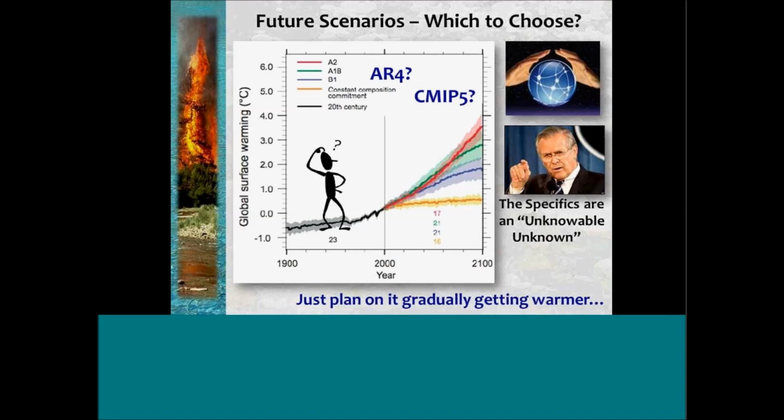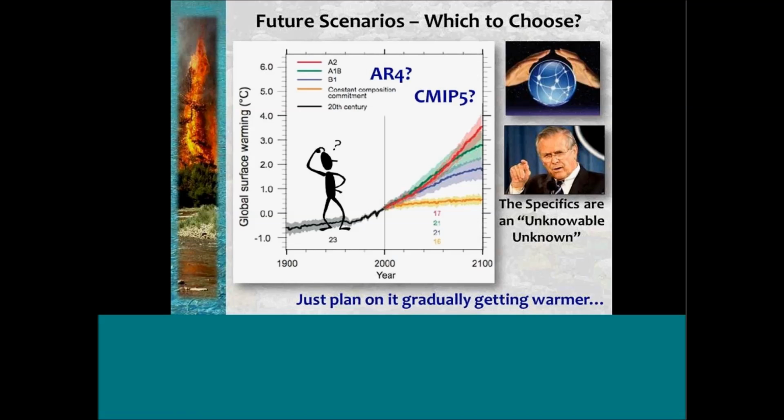Okay, so future scenarios. Once we've got the baseline model fit and we can accurately represent historical conditions, then you've got a foundation built for making projections into the future. And in this case, there are all kinds of future projections out there. When we started working on this project, the AR4 emission scenarios were the most recent.